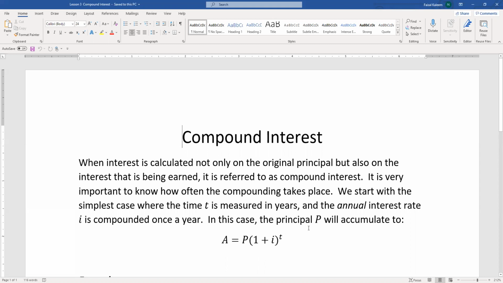In this case, the principal P accumulates to A equals P times (1 plus I) to the T. Let me quickly demonstrate why it is so.